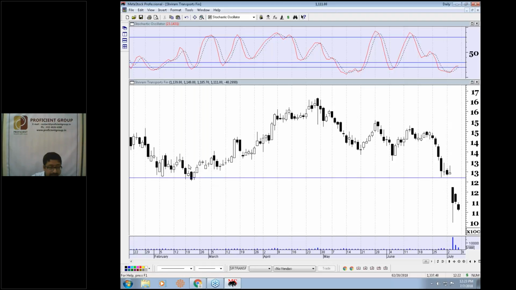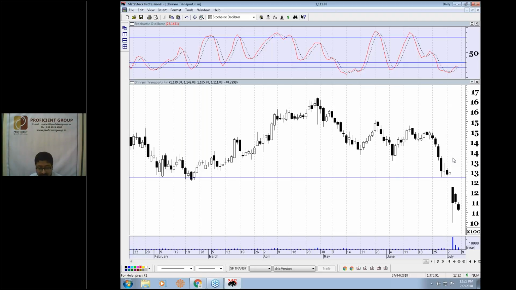As you can see, I have located this February bottom here, which was at 1261. So this February bottom was supposed to be a support level, but this support level not only was violated in Shriram Transport, it was violated with a gap.